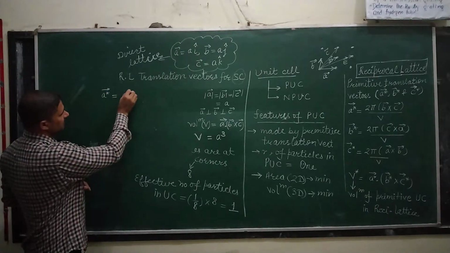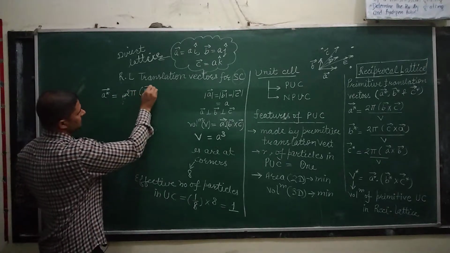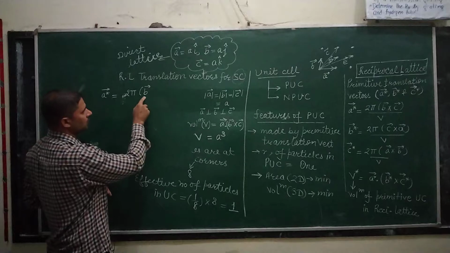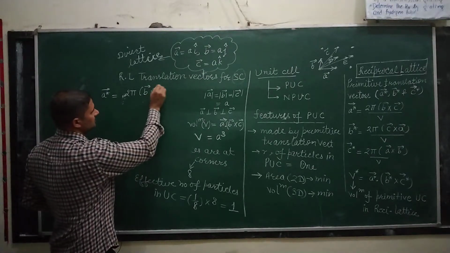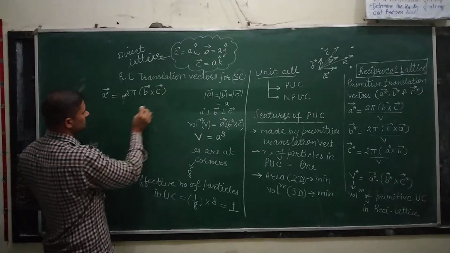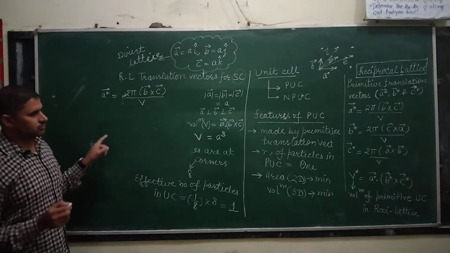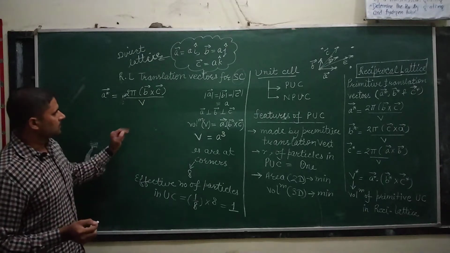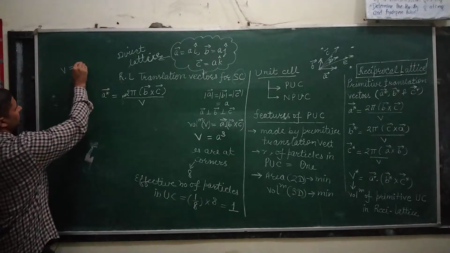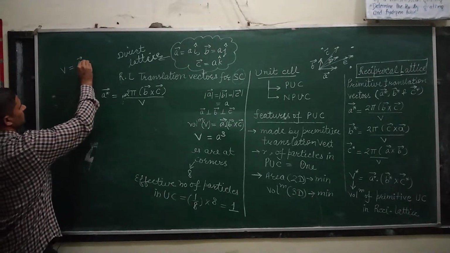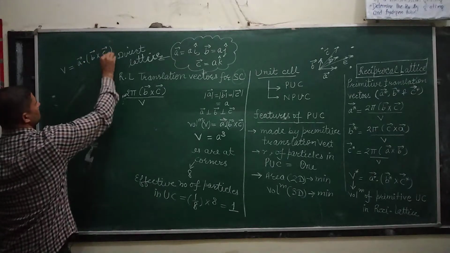It is given by 2 pi, vector B in direct lattice along y direction cross vector C along z direction, divided by the volume V. And what is the volume V? The volume V in the direct lattice is vector A dot vector B cross vector C.